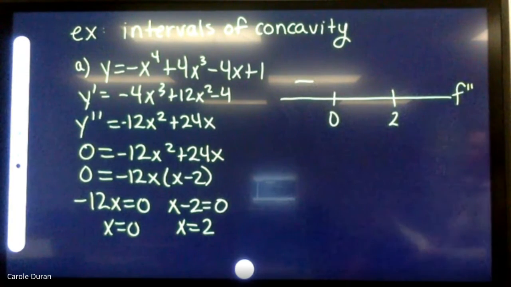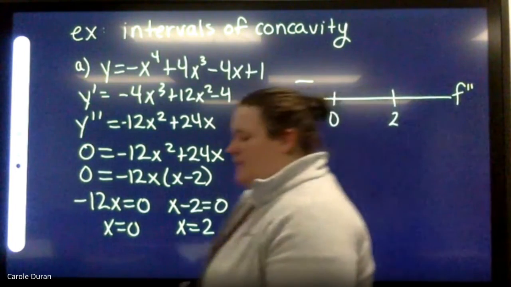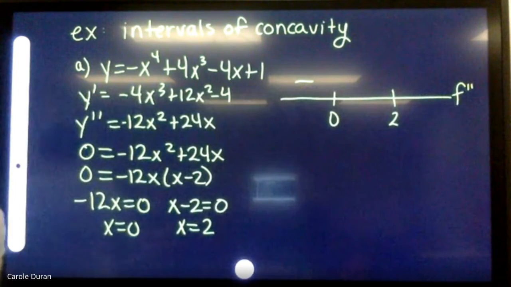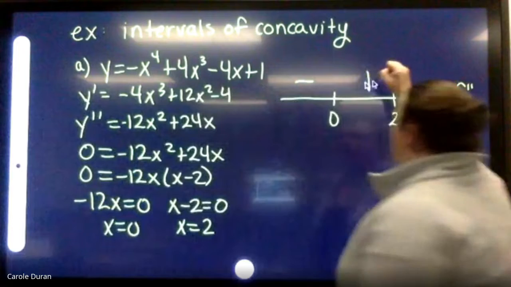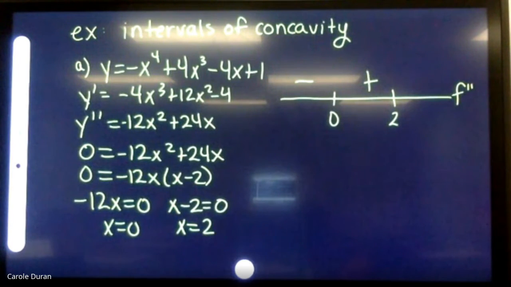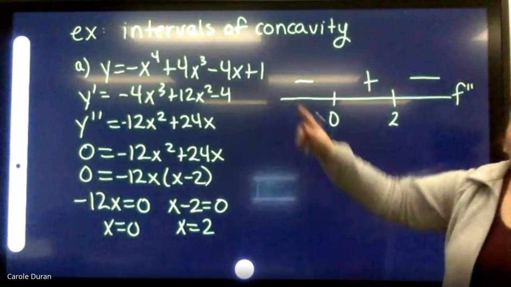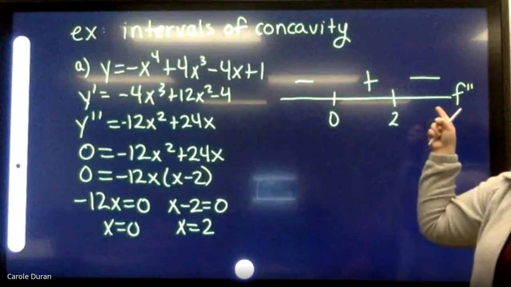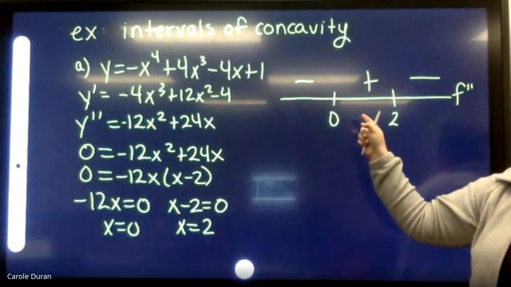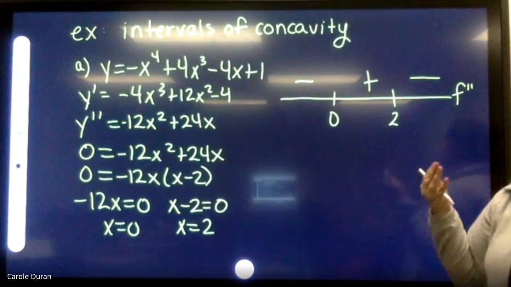What about between 0 and 2, what's a really easy number to plug in? 1. So when we plug 1 in, what's going to happen? Positive. What about between 2 and infinity? Negative. Which indicates to me that this section and this section are concave down, and this section is concave up. So that's all I needed to identify for this problem.